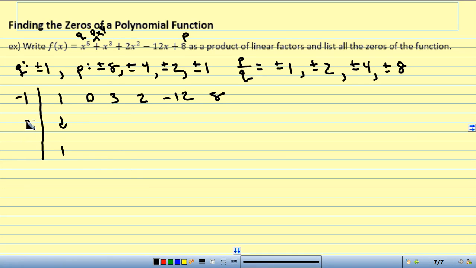Let's try -1, make our life easy. So -1, -1, +1, 4, negative 4, what is that, negative 2? I'm tired. Negative 2, negative 1 times negative 2, positive 2. So that's negative 10.